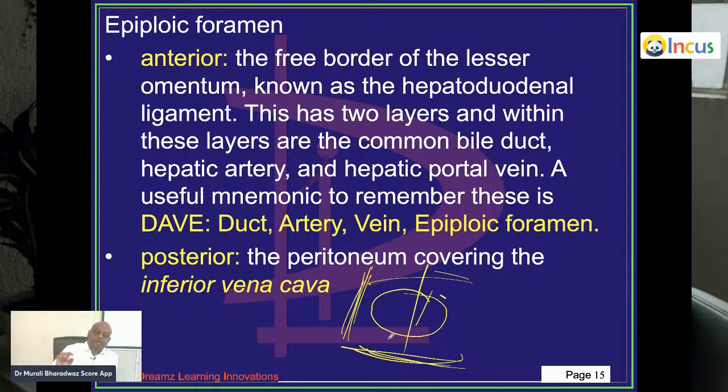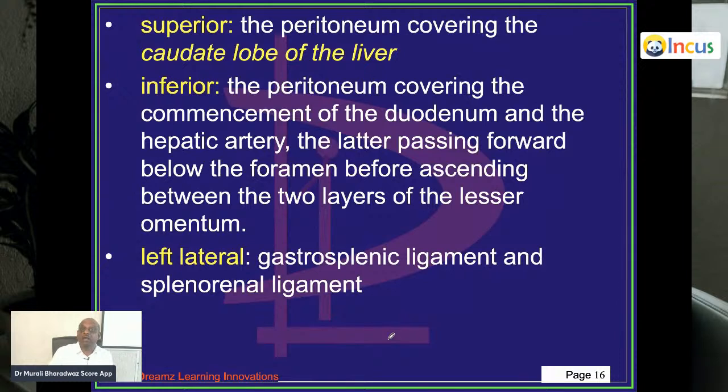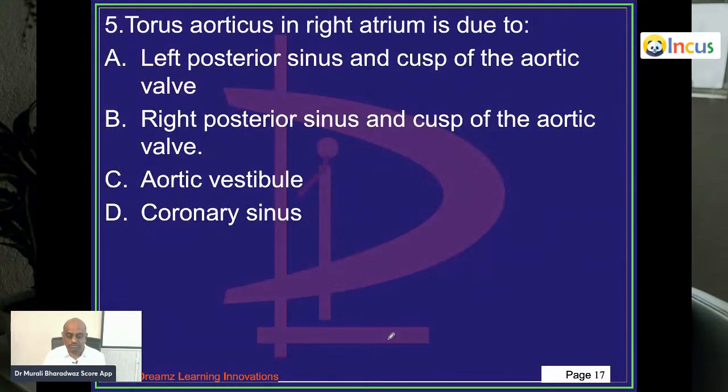So posterior to the epiploic foramen, you have the inferior vena cava, is what you need to remember. Superior is the caudate lobe of the liver. And left laterally, you have the gastrosplenic ligament and splenorenal ligament. So the boundaries of the epiploic foramen are there, no, doctor? Sure, short MCQ. You need to be very sure about it.